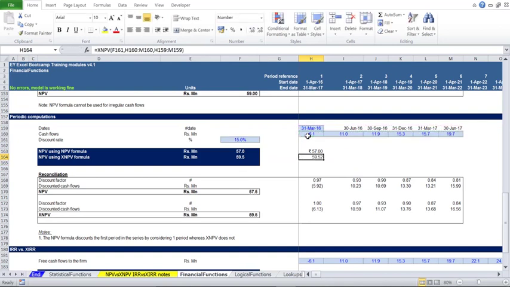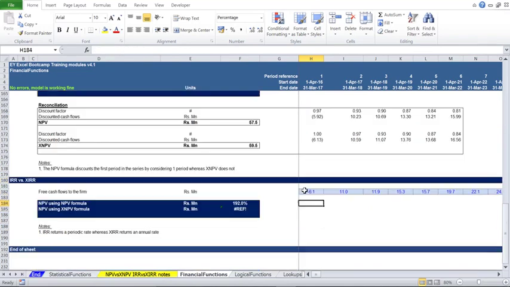Let's format these two cells. There is a slight difference between the NPV value calculated using the NPV function and the XNPV function, which is primarily due to the approximation of discounting. That was the calculation of NPV in case of periodic computations or when the periods are not annual.